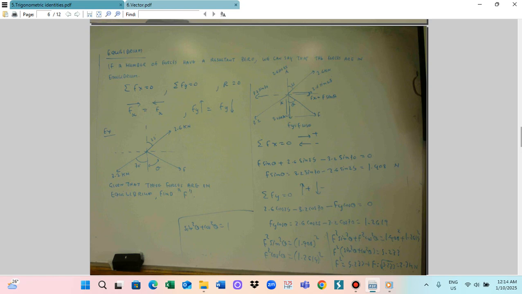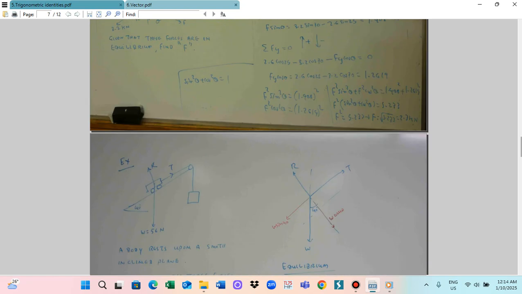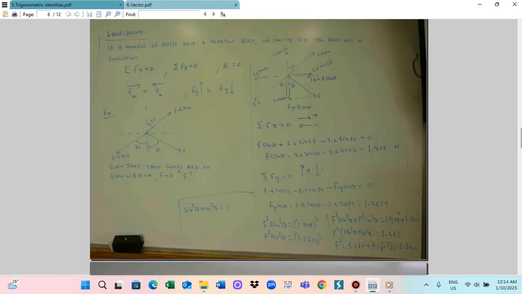So we add together F squared sin squared theta plus F squared cos squared theta, which is equal to 1.908 squared plus 1.2619 squared. So F squared, you take out sin squared theta plus cos squared theta. As you add, this becomes 5.22233.